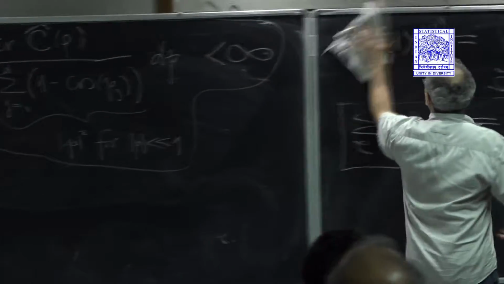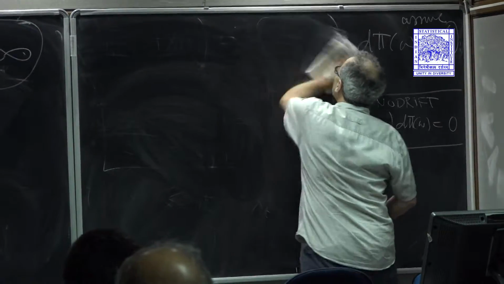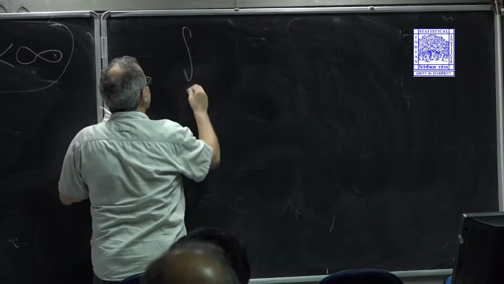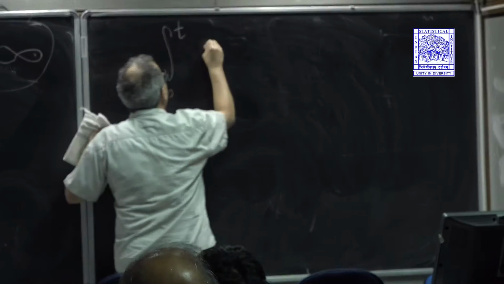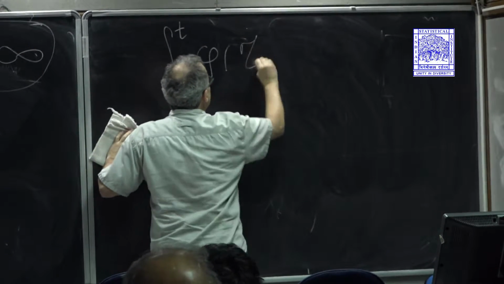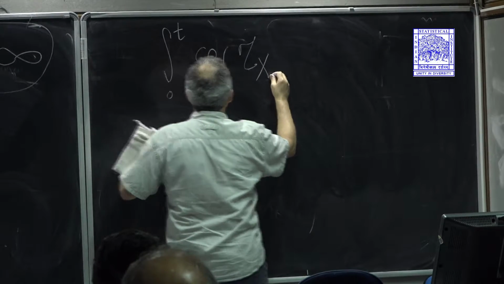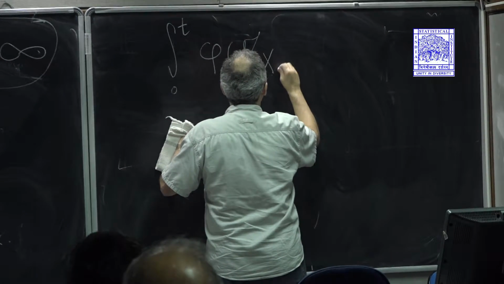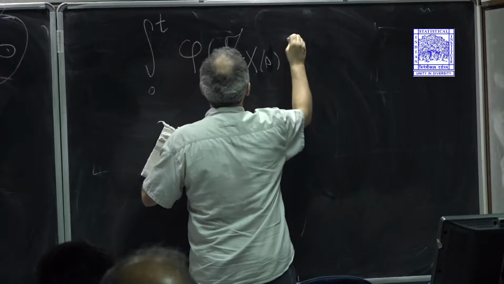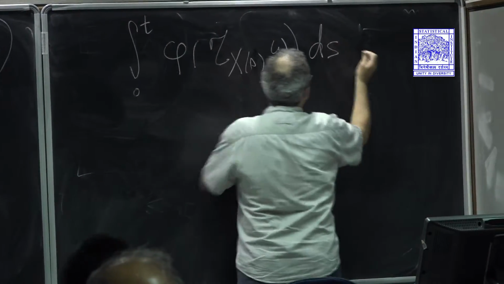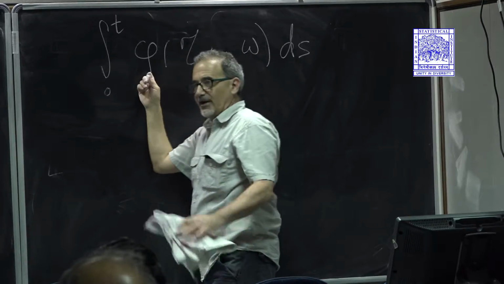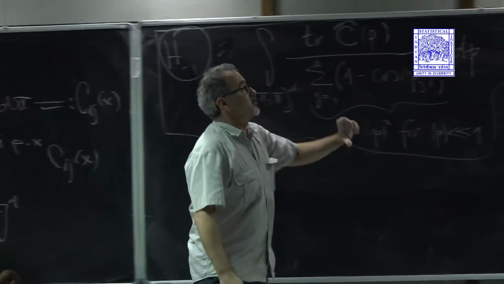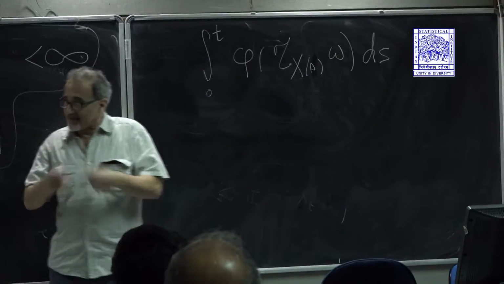My point was that I want to understand the integral from 0 to t of phi along the random walk trajectory, phi of X_s omega ds. I have this translation invariant random field, and my random walk, which is actually determined by this random field, so these are not independent.